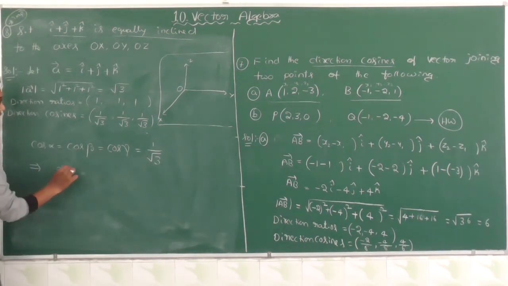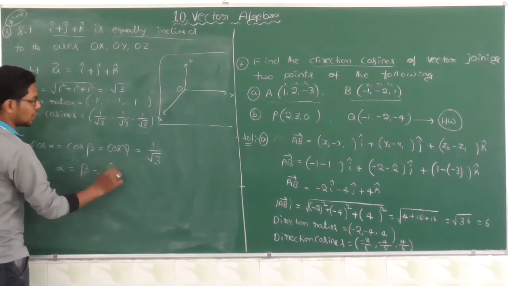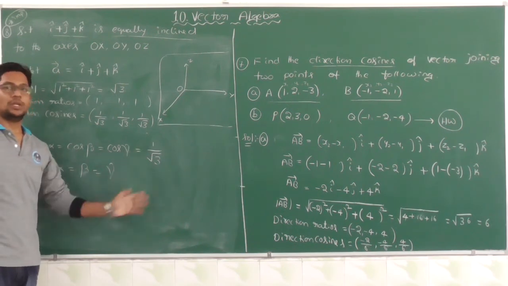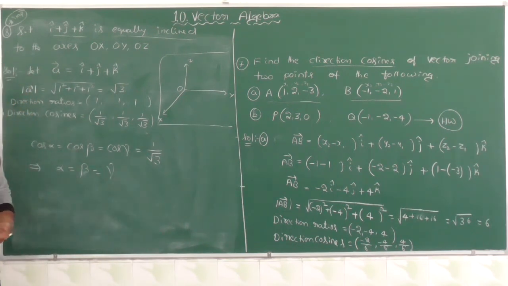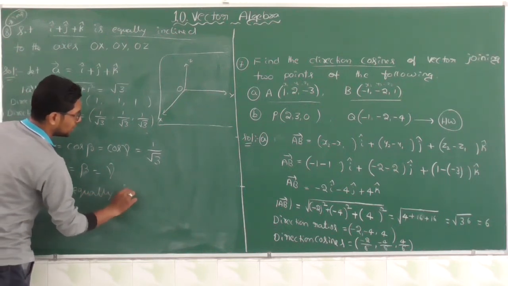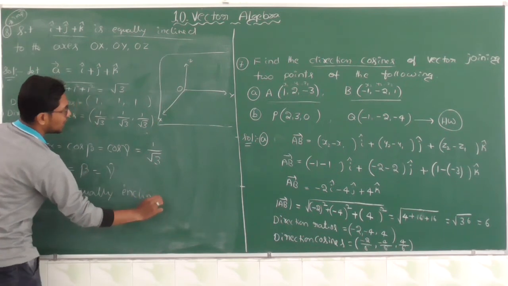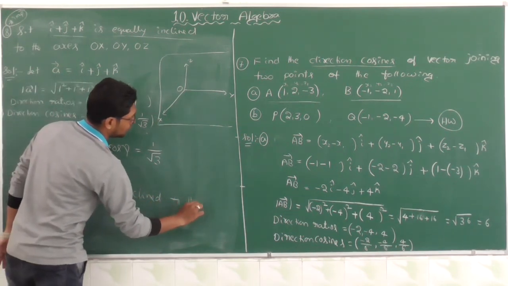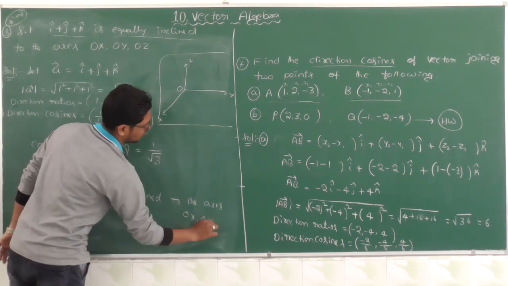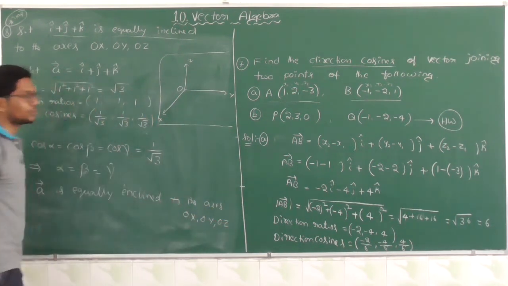Therefore, alpha equals beta equals gamma. Hence, the direction cosines are equal and also the angles are equal. Therefore, the given vector a is equally inclined to the axis. Hence, it is the solution.